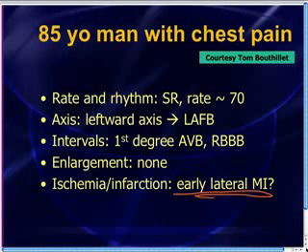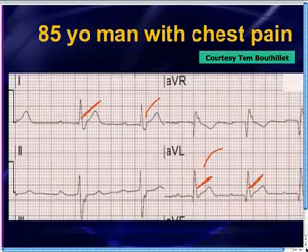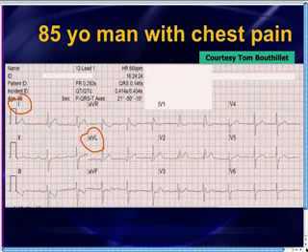So I'm going to stick that up there as part of the diagnosis also. So where are we? Sinus rhythm with a rate of 70. We've got a first degree AV block and a bifascicular block, also known as a trifascicular block, and we're worried that the patient may have some early lateral infarction findings.